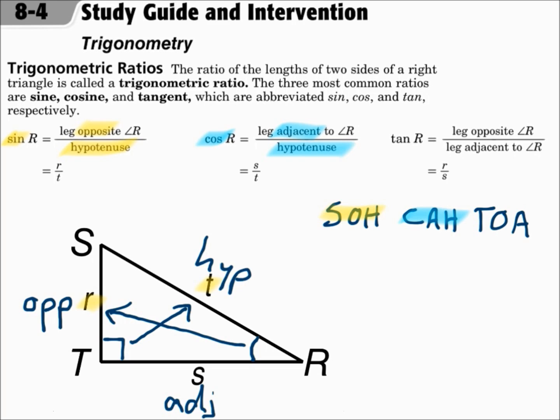In this figure, the adjacent is S, and the hypotenuse is T. S over T. TOA stands for tangent equals opposite over adjacent. In this figure, opposite is R and adjacent is S, R over S. SOHCAHTOA. It's a very easy way to remember the three formulas.